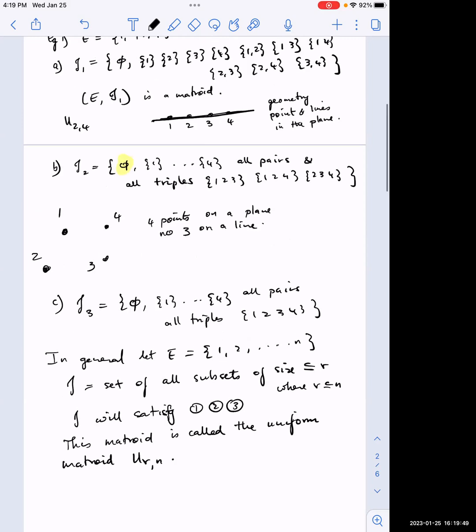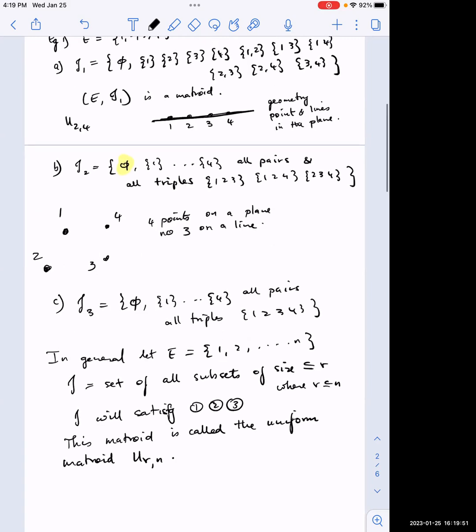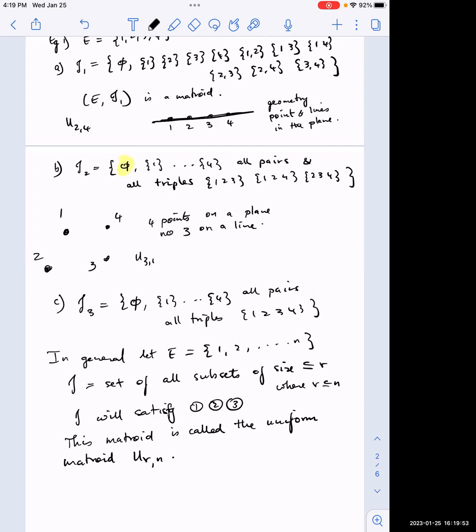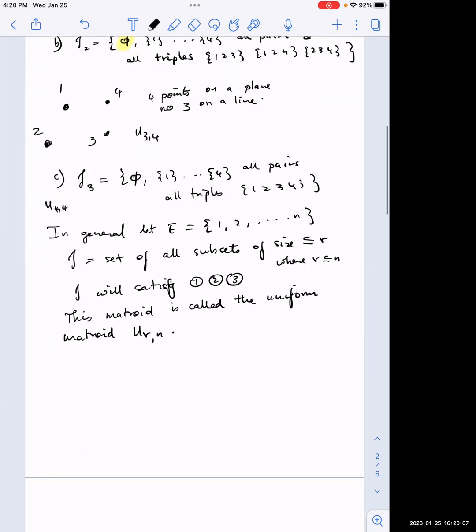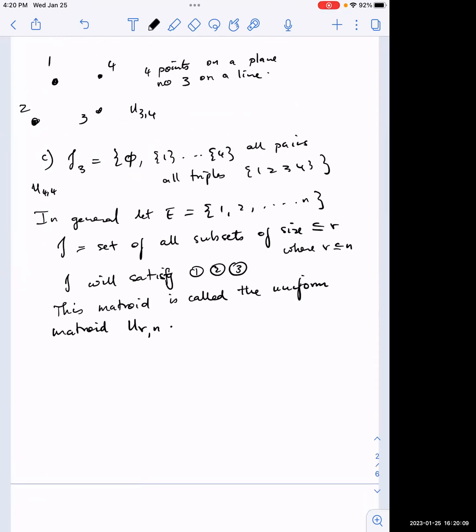So this was U24 over here. This was U34, and this was U44. And these uniform matroids are very, very important for coding theory. And there's a number of unsolved conjectures on them. Just really fascinating objects, very simple to define, and yet there's so much there in this class of matroids.